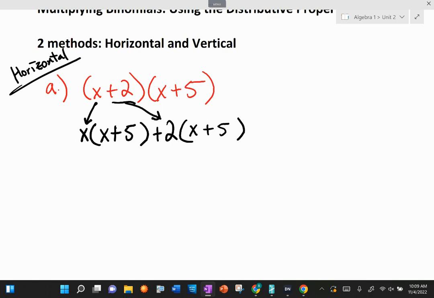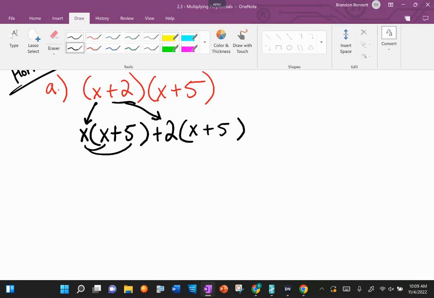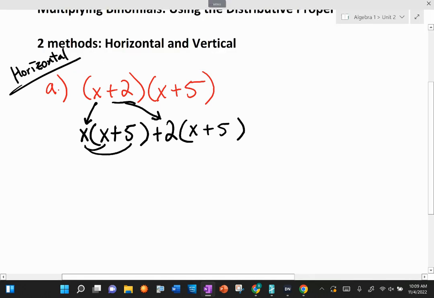So I'm going to take x and I'm going to distribute. Now I'm going to do x times x and I'm going to do x times 5. X times x is something that we haven't done a lot of yet. Multiplying and dividing is now getting into where we're going to be changing the exponent number. So x times x is not 2x, that's x plus x.